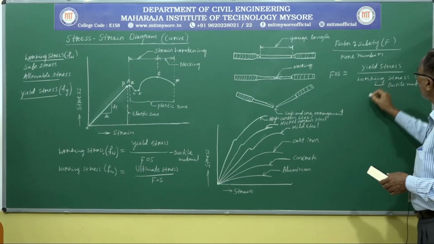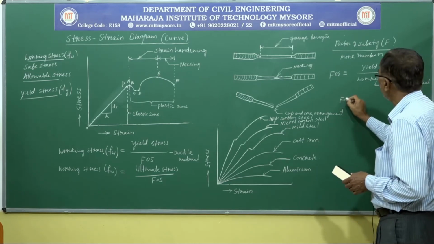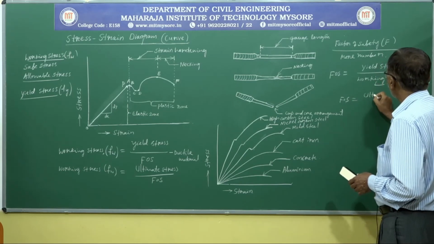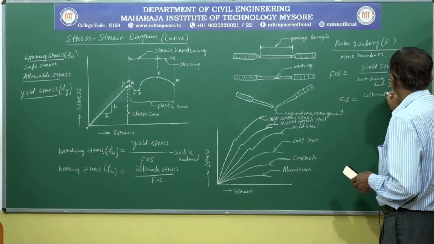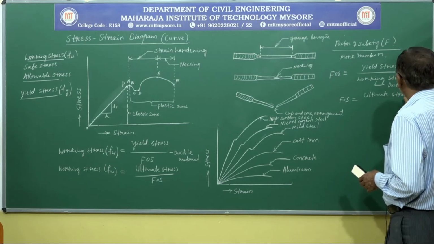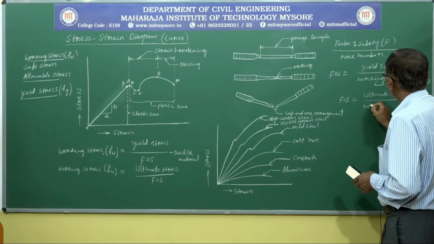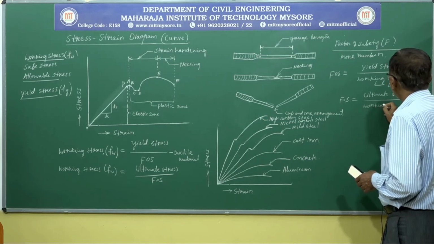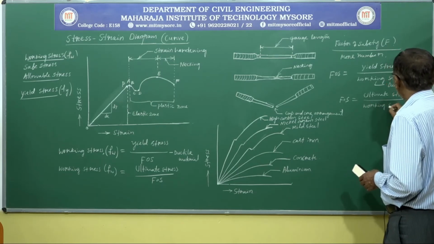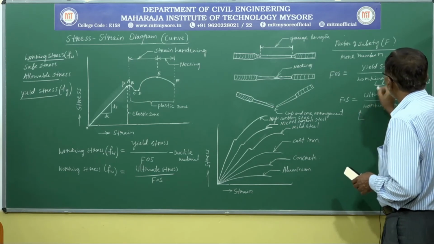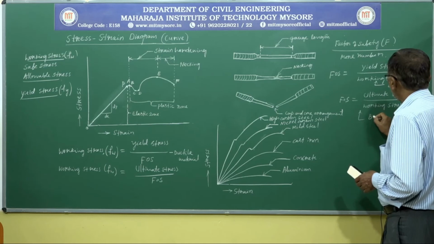Similarly, factor of safety is equal to ultimate stress divided by the working stress. So this is for brittle material.